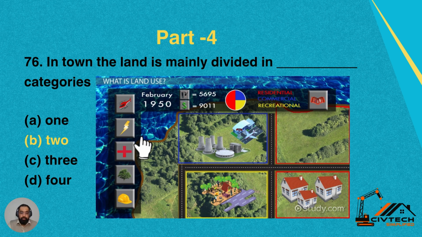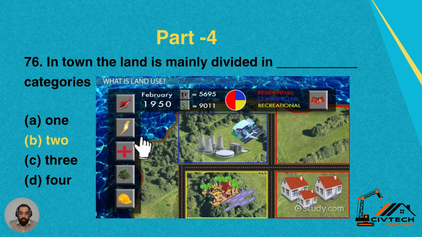In town, the land is mainly divided in dash categories: A 1 category, B 2, C 3, D 4. You can see there is a picture in which various landmarks have been shown. This is a typical town planning, and you can see that there are two categories of the land shown in the picture.